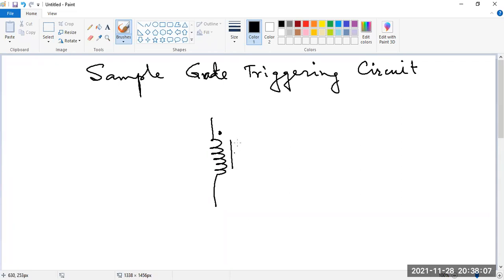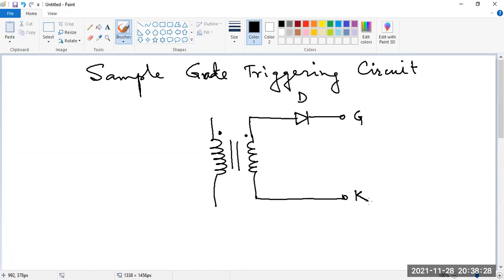So this is the pulse transformer. The diode is feeding to the gate cathode junction. We have a diode here as well. This we can term as D1 and this is D2.